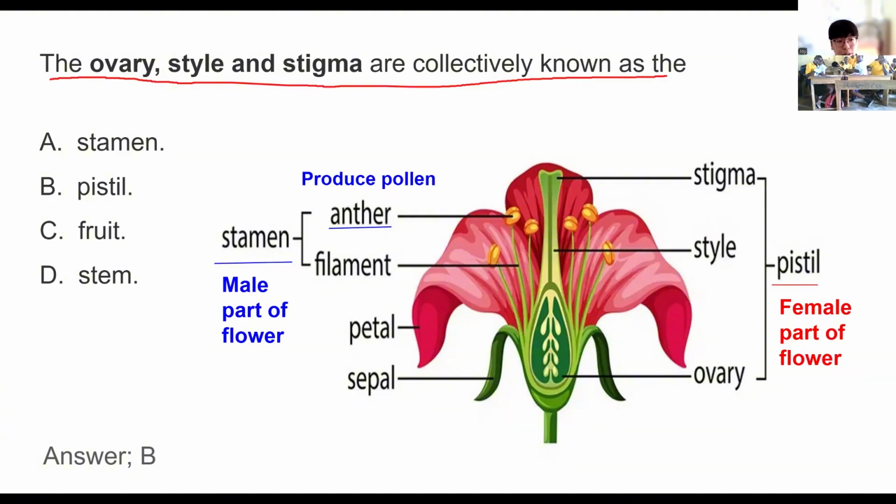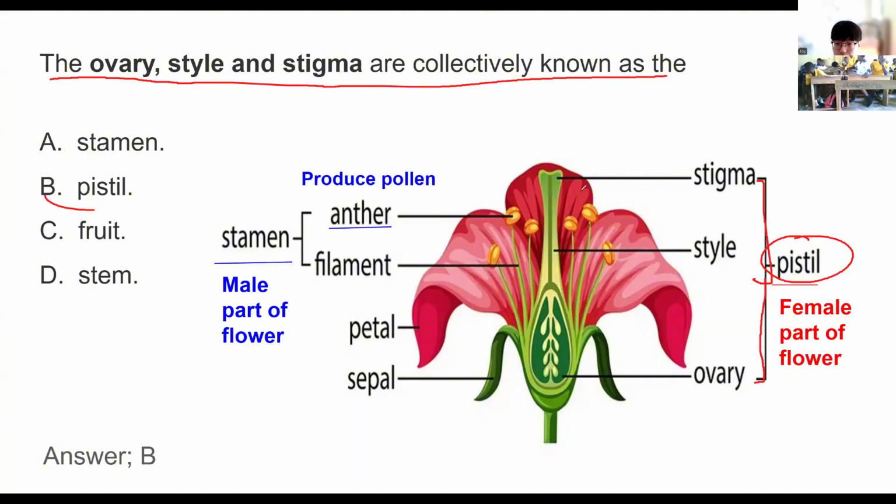So I heard maybe A or maybe B, but the answer is pistils. Yeah, it's because you can see a pistil has three parts.